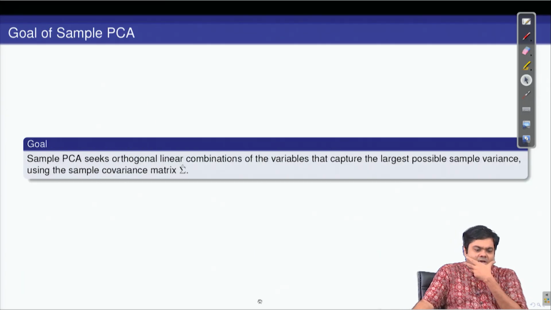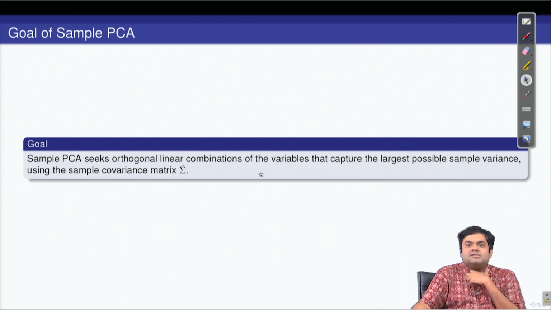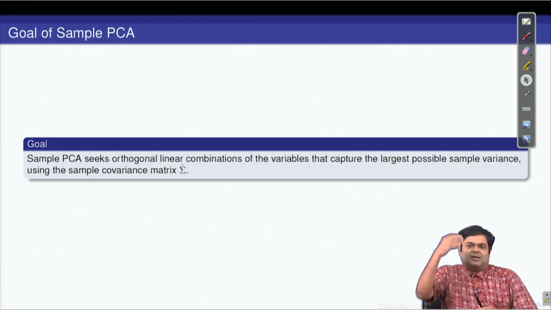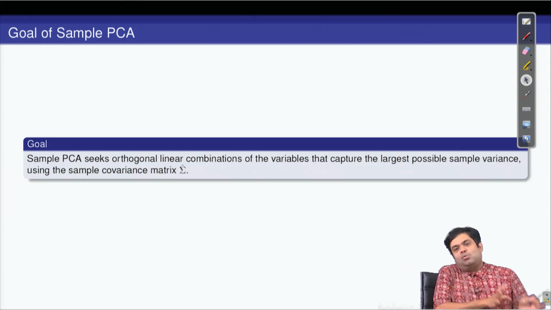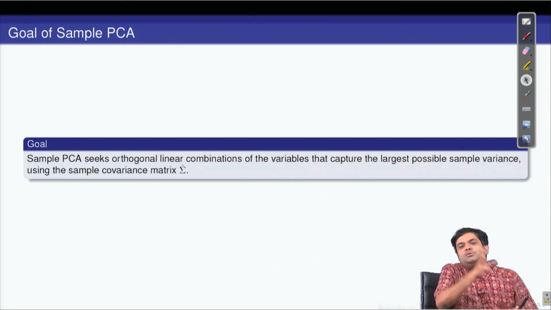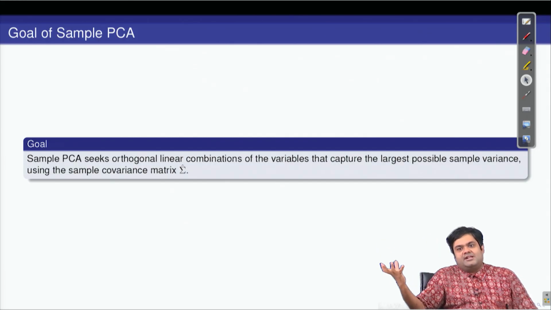So, basically the goal of sample PCA is to find orthogonal linear combinations of the variables that capture the largest possible sample variance, using the sample variance covariance matrix sigma hat. The theory and the constructions are pretty much identical to population PCA. You just replace the population variance covariance matrix by the sample variance covariance matrix.